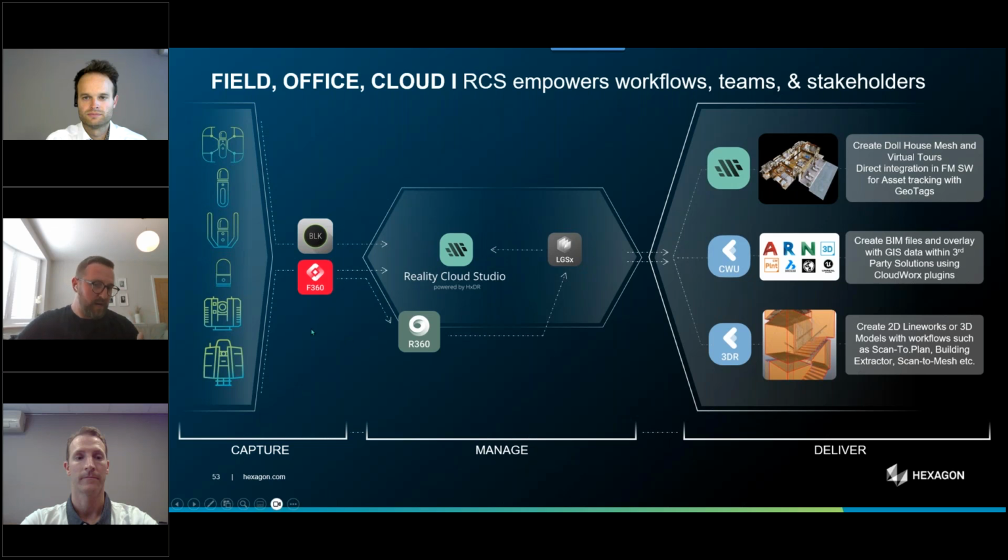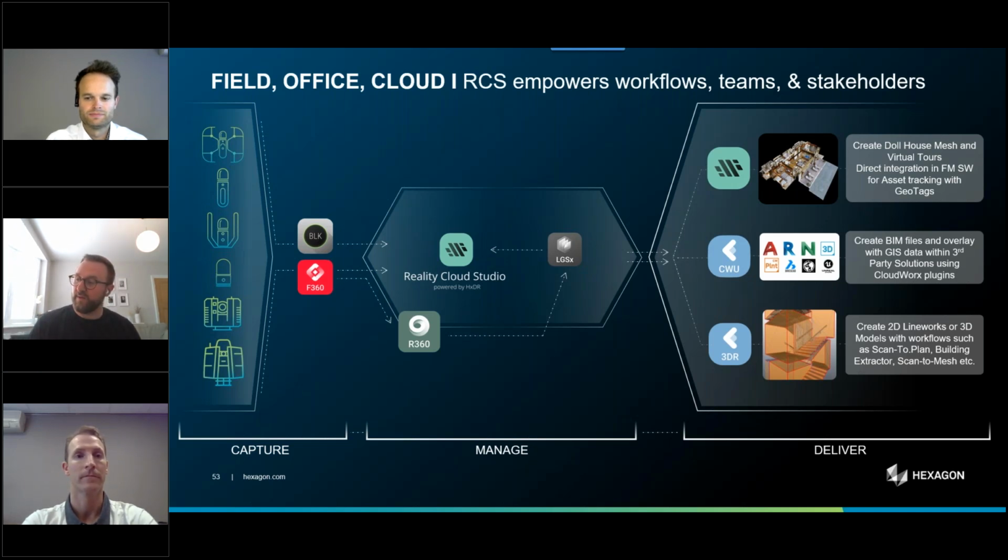Now, the other thing that I really need to hammer home is that this platform is data agnostic. If you've got other sensors from other providers, we can get it into the platform. We've already got multiple customers now moving from other generation scanners and platform solutions across to Reality Cloud Studio, because a lot of them have maybe Leica as their prime sensors, and then they have some other sensors.